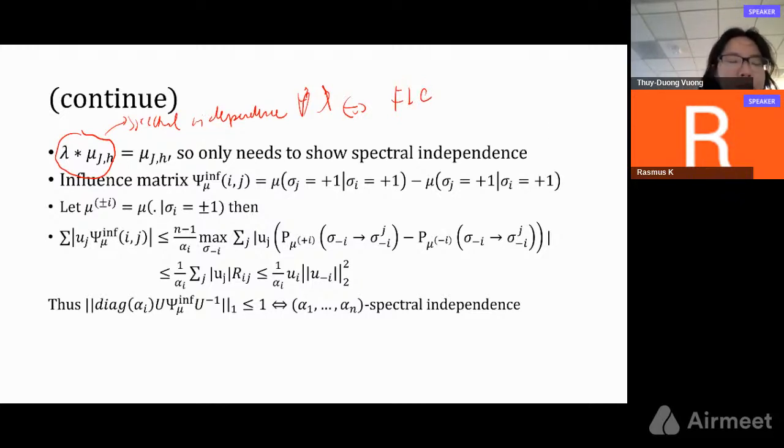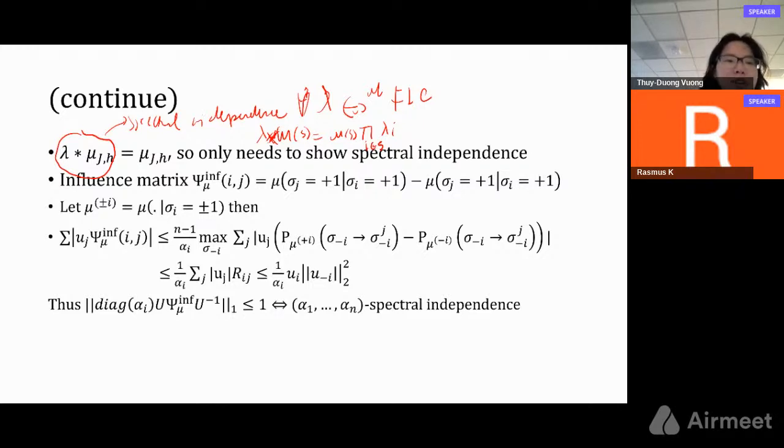Take a mu and then apply external field lambda. Applying external field is like mu of S times the product of lambda i for i in S. If you can show that this new distribution, lambda star mu, is spectrally independent for all external field lambda, then it is equivalent to mu being fractionally log-concave.